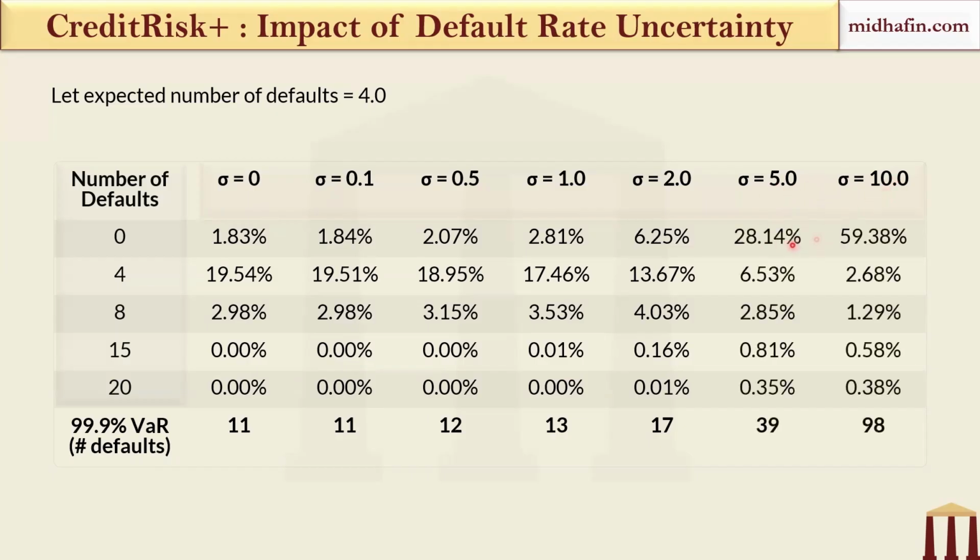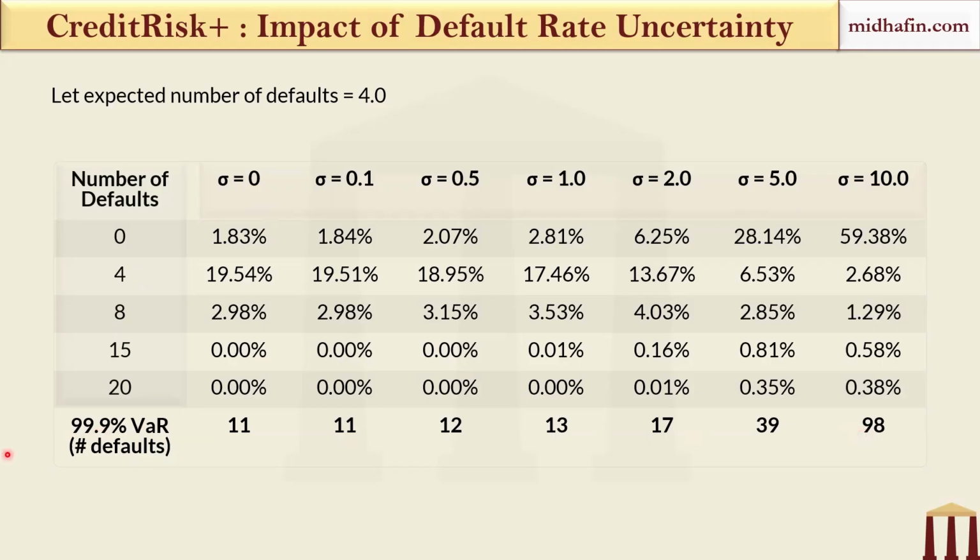When uncertainty becomes very large, you can see that extreme events become much more probable, even though the expected number of defaults is still 4. The 99.9% VaR for the case where sigma equals 10 jumps to 98 defaults. So you can see that's almost from 11 to 98, almost a 10-fold increase, purely due to uncertainty in the default rate. Not because the average risk changed, just because there is uncertainty.